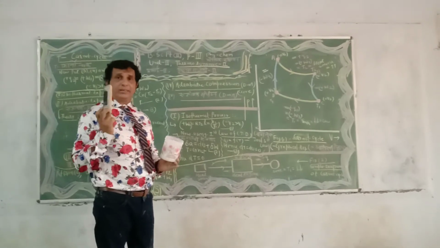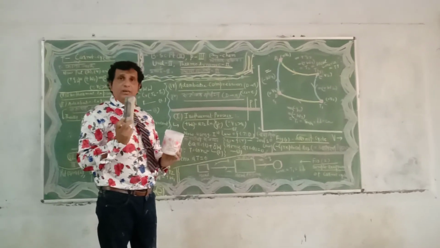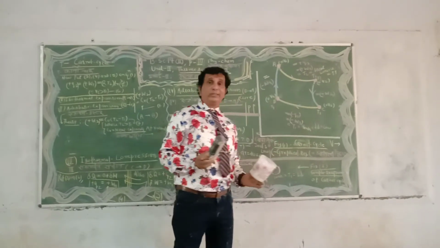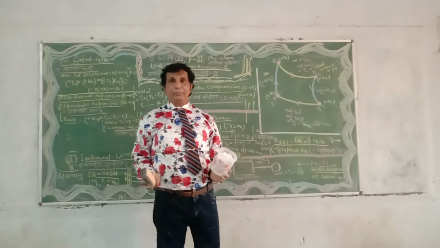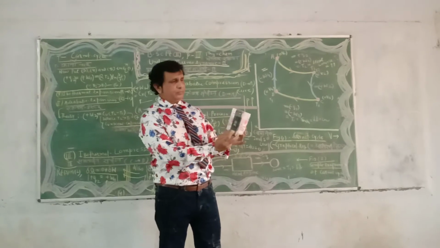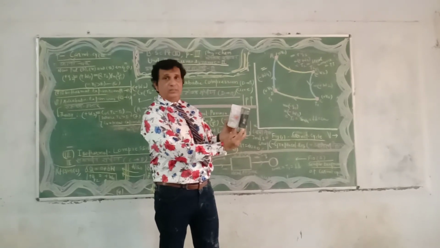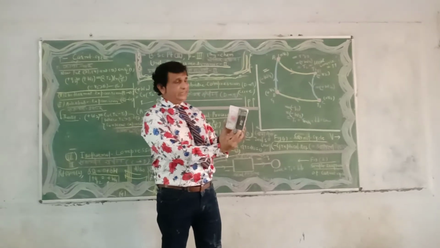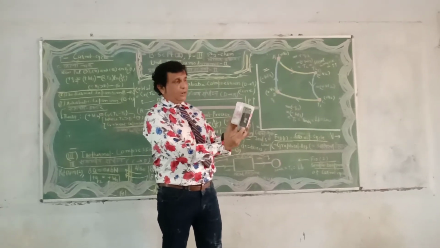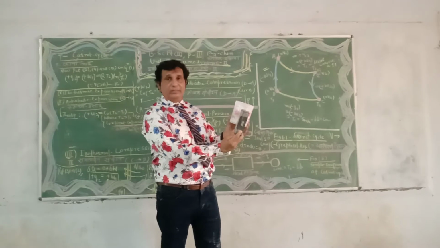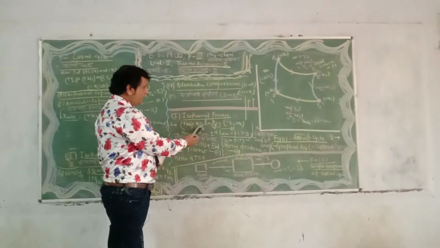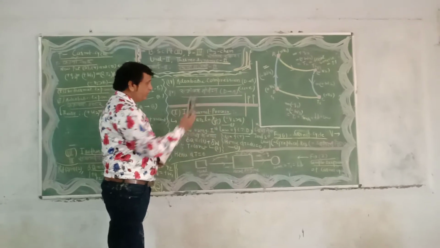Once again, try to understand. For the expansion of A to B, I mean to say for the step A to B here, I am assuming this heat source is kept in contact with the heat engine, slowly allowed to expand. Now calculate the value of work done performed, that is plus W1 equals RT2 ln V2 upon V1.